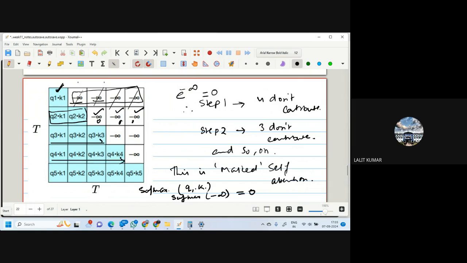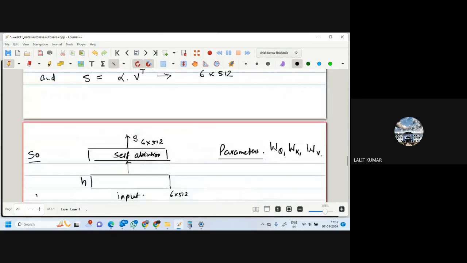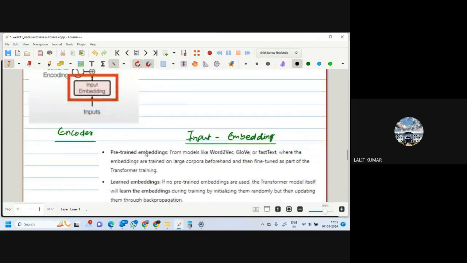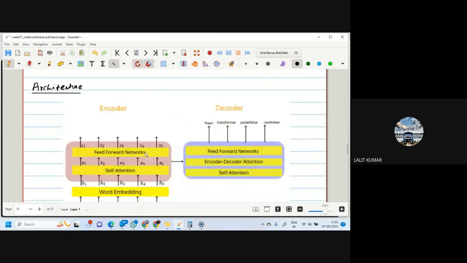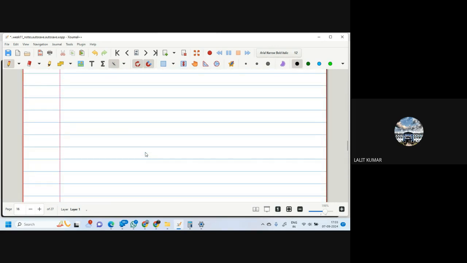So at every step I know at what step I am, and at that step I will be using only that Q and K. Is that okay? Now come to this decoder part.